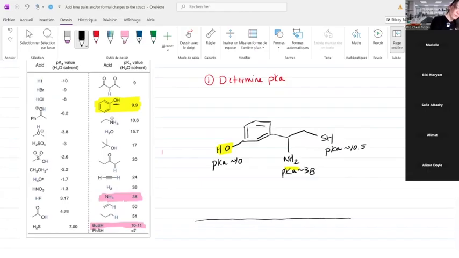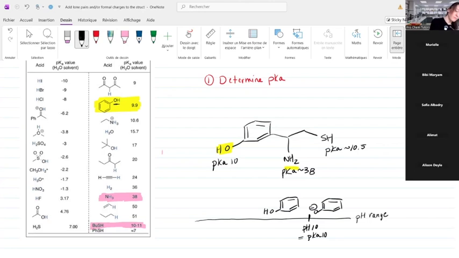If I draw a pH range here, and we start with our alcohol that has a pKa of 10, what this means is that at pH 10, where the pH is equal to the pKa, you will have half in solution as the OH and half as the O minus.